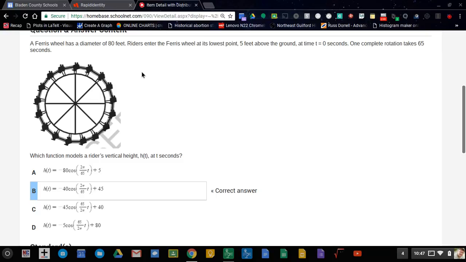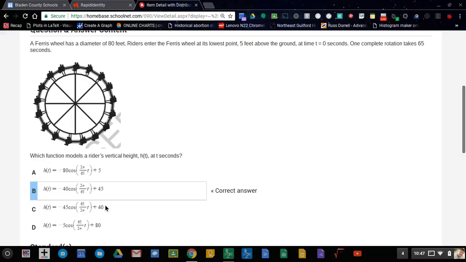In this case, you're looking at cosine functions. But I want to read the problem, and then before we even look at the functions, we're going to take each of those quantities they give us, and we're going to ask ourselves, what can I learn about my trig function? What part of the trig function does that feed into?